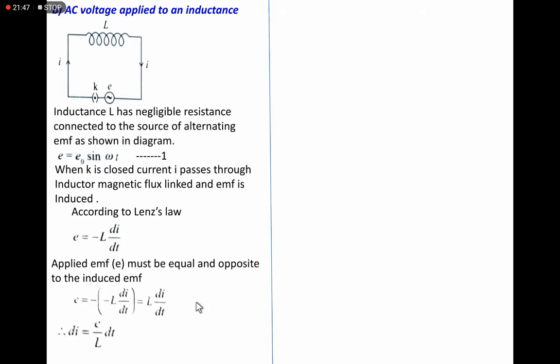Now di, we have to find out the current induced in the inductance coil. Therefore, rearranging the equation, di, that is change in current, is equal to E by L dt. If we integrate this, we'll get the current induced in the inductance coil.